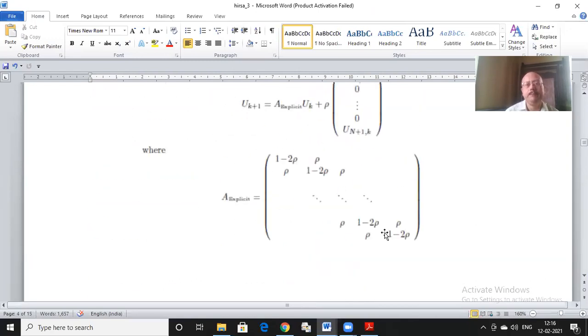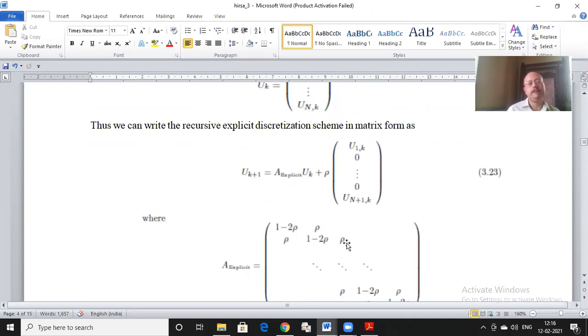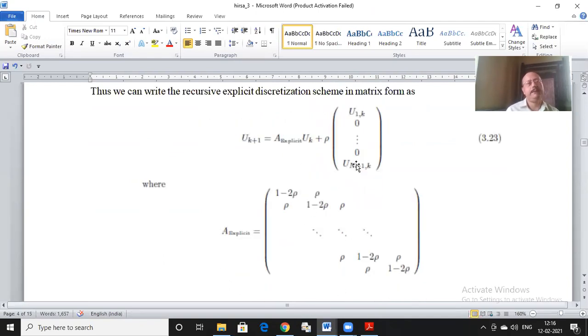The explicit scheme has this tri-diagonal matrix. So this is important because you see the solution here requires matrix multiplications. Each step I am doing a multiplication of a matrix with a vector.